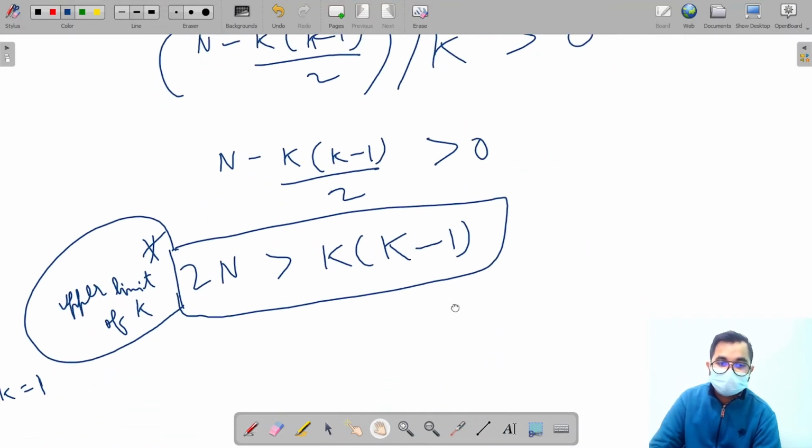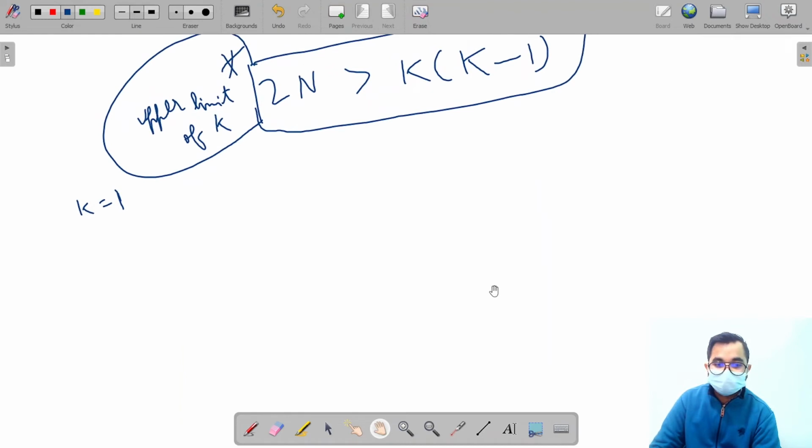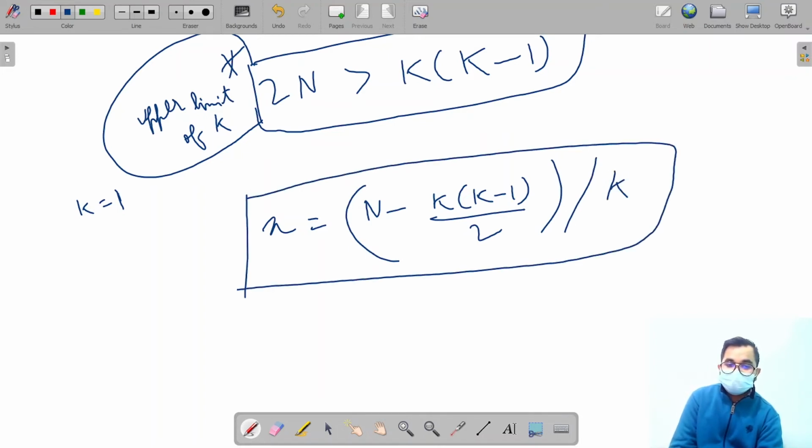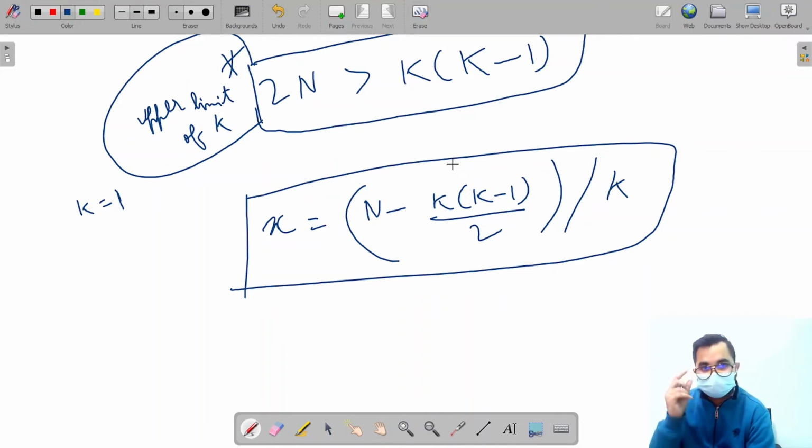So let's write this equation down here: x equals n minus k times (k minus 1) divided by 2, divided whole by k. With this equation I can find if the number of elements that I have chosen is valid for creating a sequence whose sum is equal to n or not.